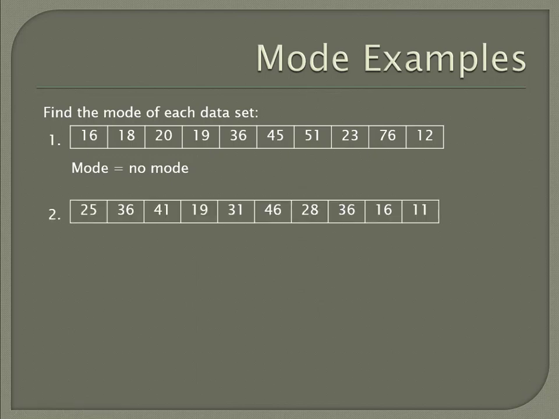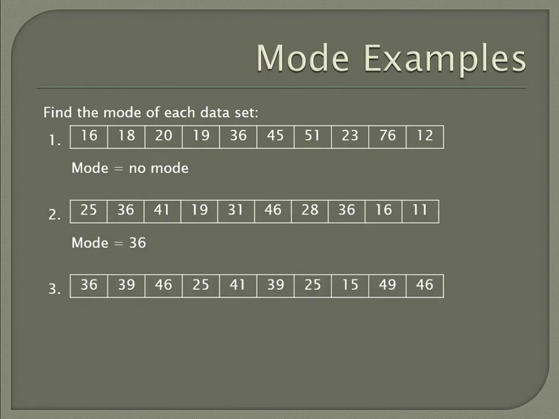Let's do the data set with 25, 36, 41, 19, 31, 46, 28, 36, 16, and 11. In that situation, the 36 occurs twice. All the rest of the data items occur only once, and so we just say that the mode is 36. And how about one last example?